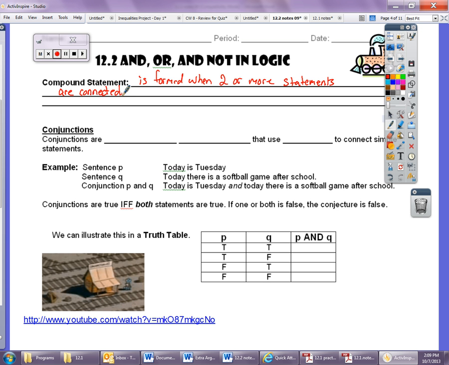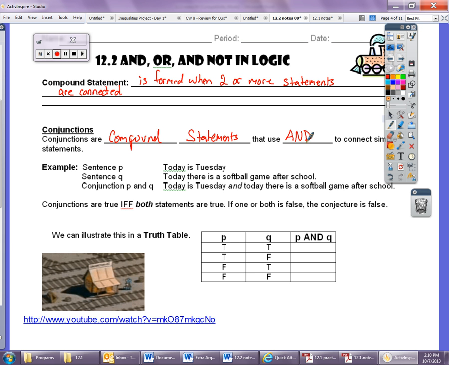So we have conjunctions and disjunctions. Conjunctions are compound statements that use the word and. That's a key thing with conjunctions.